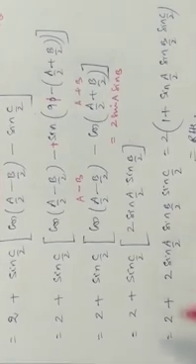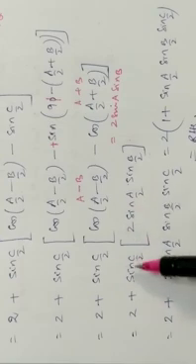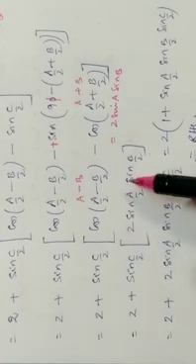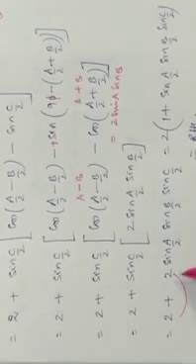So 2 plus, multiply sin C by 2 inside. So 2 sin A by 2 sin B by 2 sin C by 2. In these two terms we can take 2 common.